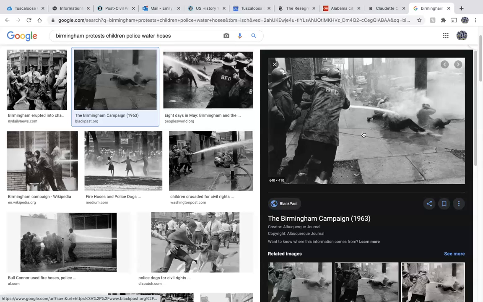That will tear off clothing, that will bruise your skin. It's a very powerful force of water coming out of there. So this hurt. For you to see this picture, these people were physically in pain. That hurt to be sprayed with that much pressure from that water hose.